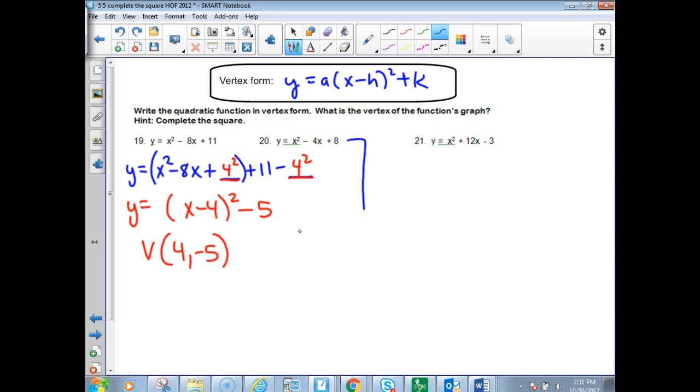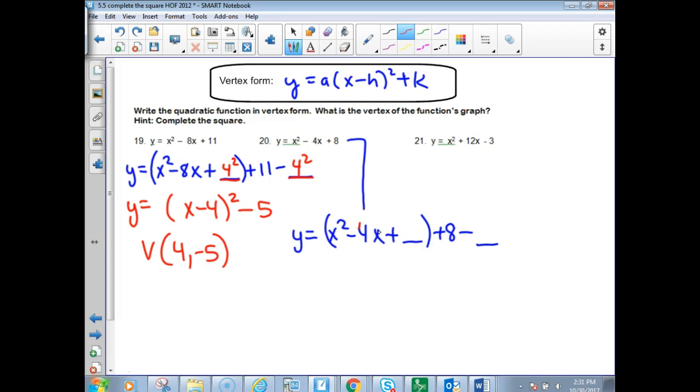Okay, let's try this one. I'm just going to bring it down here. Y equals, I'm going to put the ax squared minus bx part plus a blank. I'm going to move that c outside and subtract a blank. Okay.